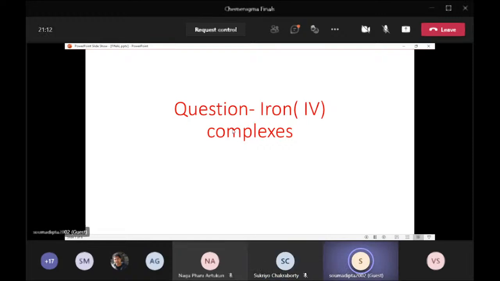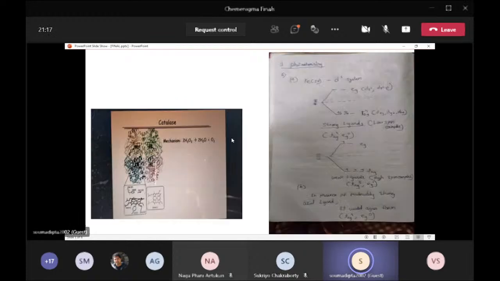So I'm going to present about iron 4 complexes and the questions in it. Briefly, as the question was explained, we can see a complex where there's iron 4 and it can be easily stabilized by the tyrosine in it, as an example of catalase. So the first question says, as iron 4 is a d4 system, in case of strong ligands, the electrons would pair up and it would form t2g4 and eg0.